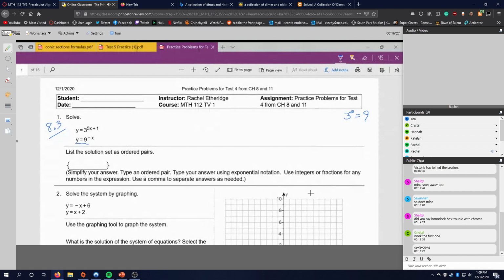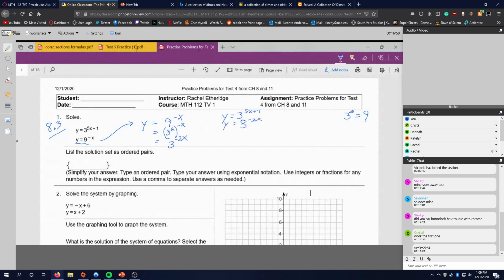So I'm going to work with this one right now. y equals 9 to the negative x. 9 can be written as 3 squared, so what we get is 3 to the negative 2x. Now my two equations are y equals 3 to the 5x plus 1 and y equals 3 to the negative 2x.